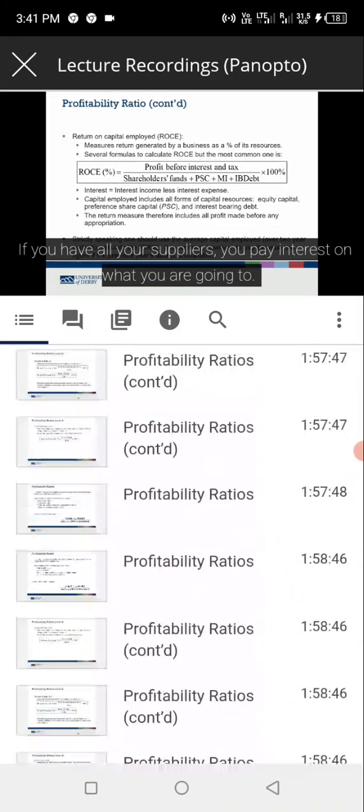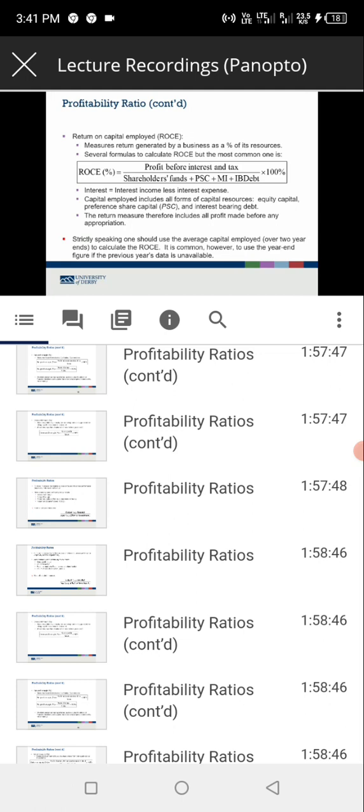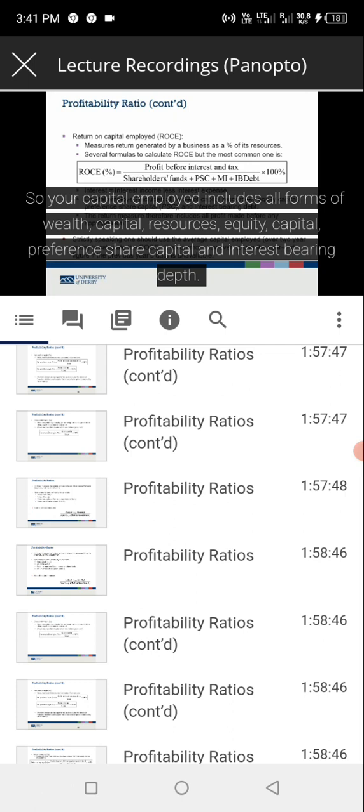If you are owing your suppliers, do you pay interest on what you are owing them? No. Deferred tax could be a long-term debt. Are you paying interest on deferred tax? No. So your capital employed includes all forms of capital resources: equity capital, preference share capital, and interest-bearing debt.